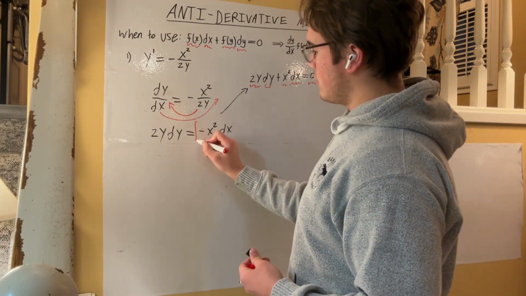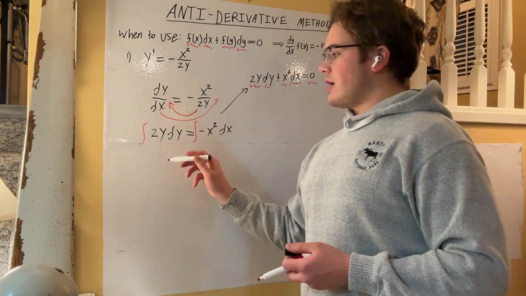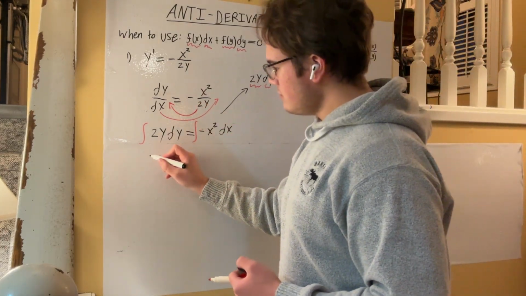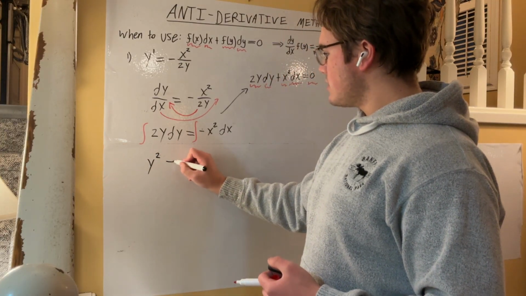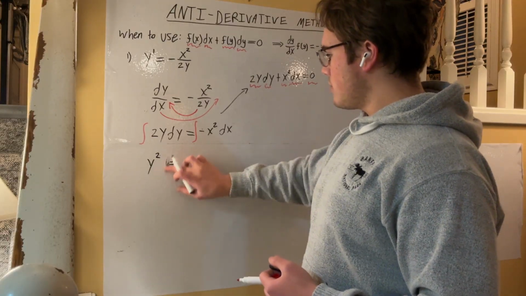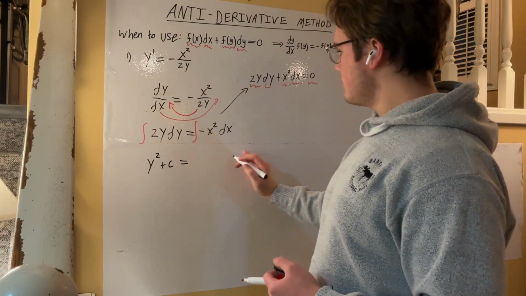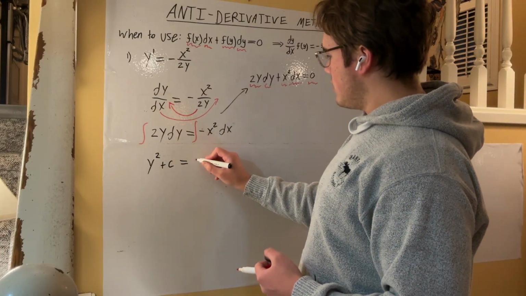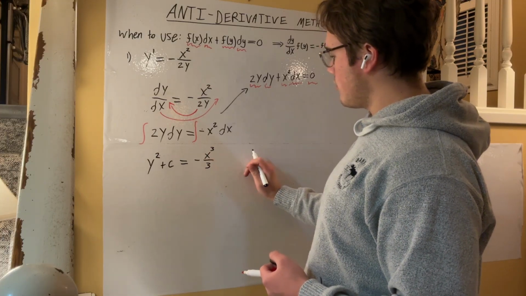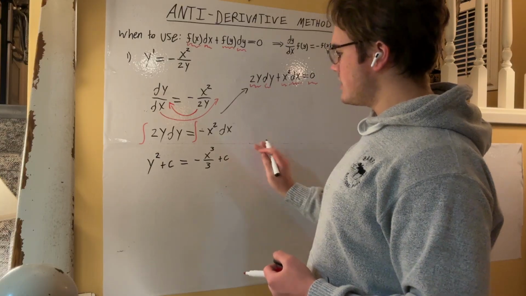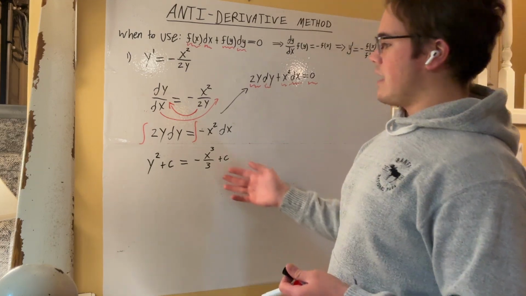So we will integrate and integrate. Okay, so the integral of 2y is going to be y squared, and there needs to be an arbitrary constant there, plus c1, equals negative x cubed over 3 plus c2. Okay. Now we have an equation where we have a y term and an x term.